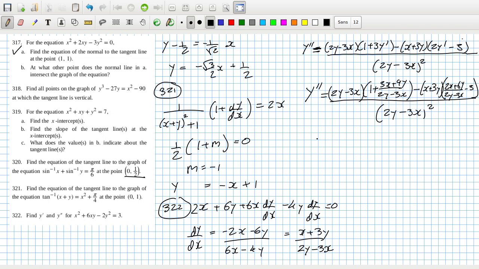I guess I could clean it up a little bit. So I could get 2y minus 3x cubed. Oh, I think I see what they're doing here. And then this will be 2y minus 3x. And then 11y. Because this will be 2y minus 3x, they'll cancel. Okay. Minus x plus 3y.